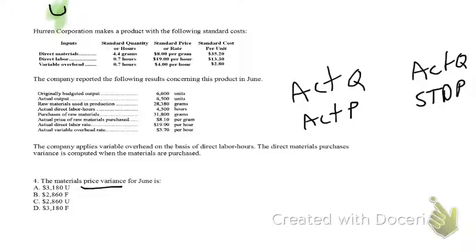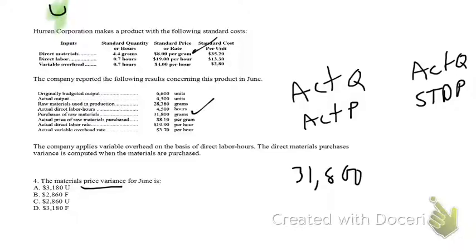So the actual quantity that was used was 31,800 units. So that's the 31,800. And the standard rate, and I've got direct materials, is $8 per gram.